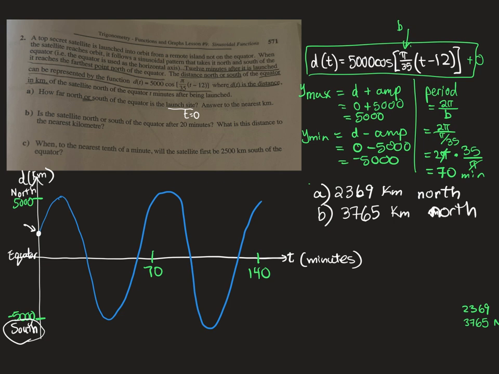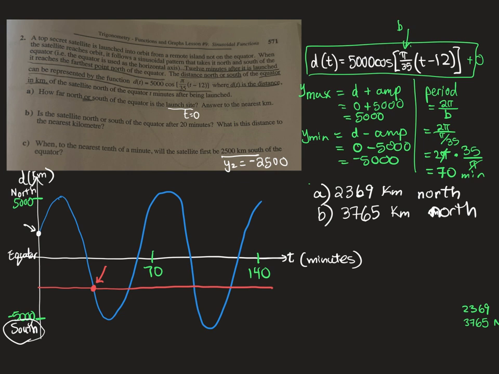Alrighty, now part C, now they're asking for the t value or the x value, and they're giving us 2,500 kilometers south. So that means our y in y2 we need to put negative, because it's south, 2500, and then that line should show up somewhere in here going across, and they want to know when it will first be at that, so we're looking for this point here.